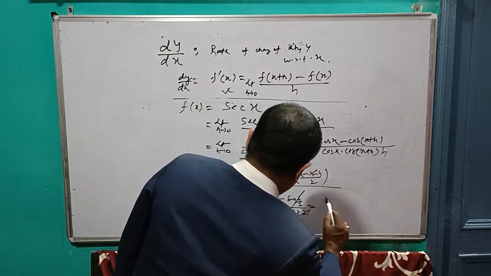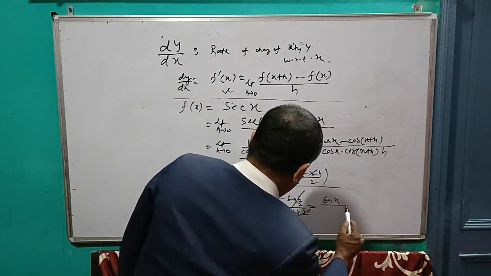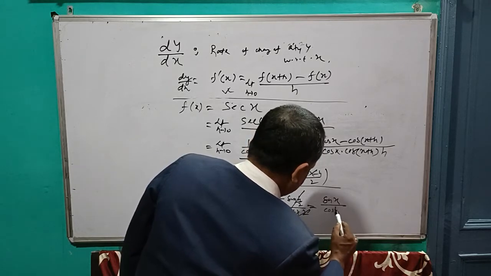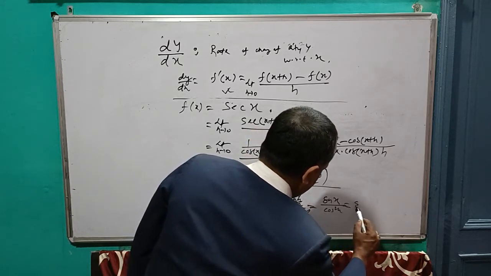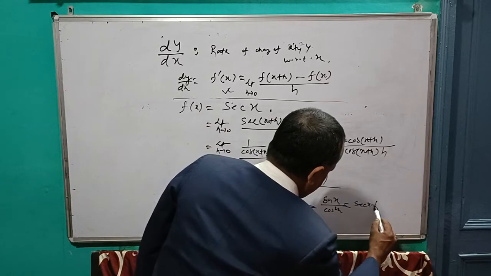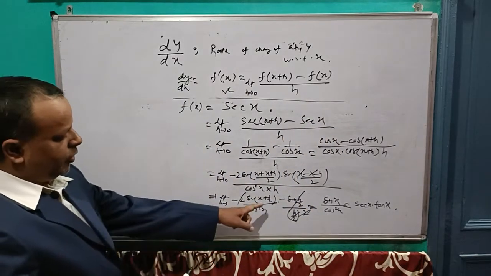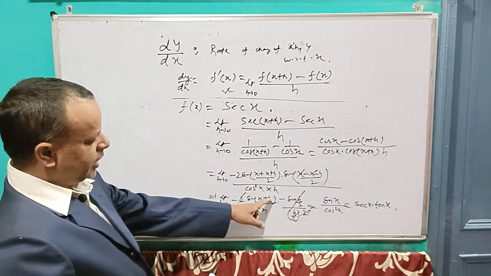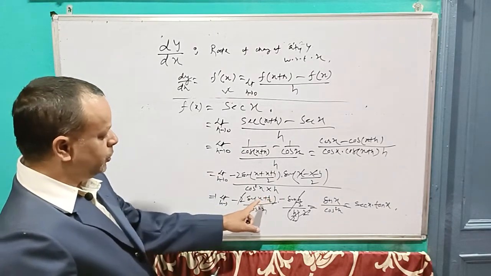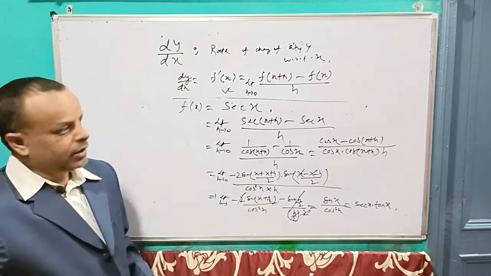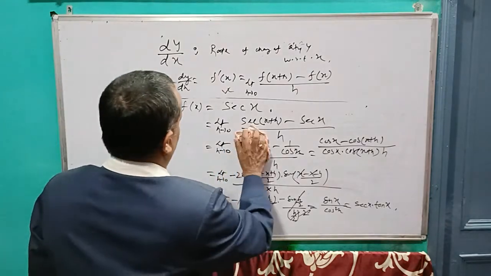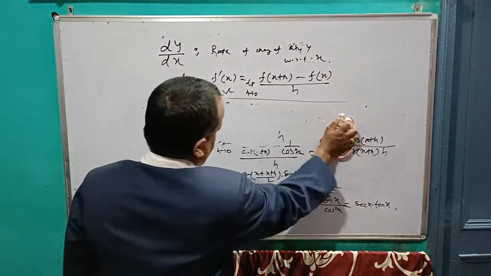What we have is sin x divided by cos square x, which becomes sec x into tan x. Over here we need to be careful that h by 2, as h tends to 0, becomes sin x. Now we'll go for the derivative of cosec x.